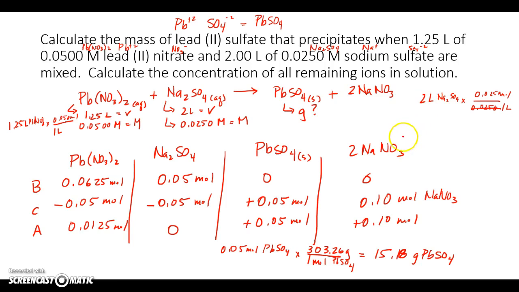And in that case, well, we would have to say that we still have 0.1 moles of Na in our 1 liter solution.